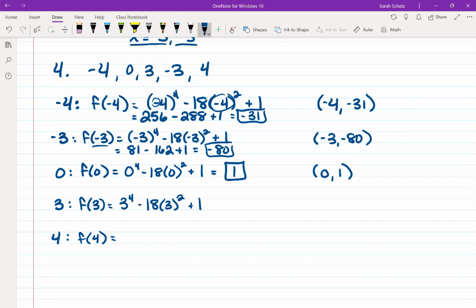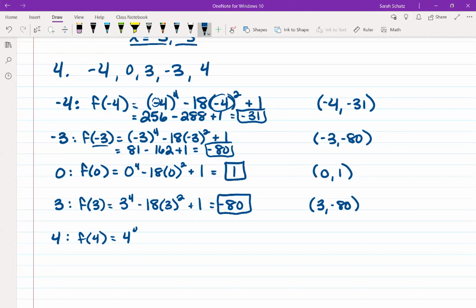Because those powers are going to take care of my negative anyway, I'm going to get the exact same value for 3 and for -3. And if you don't notice that, that's okay. You can still work it out. You're going to get that value one way or another, right? So we have the point where x equals 3 and y, again, equals -80.